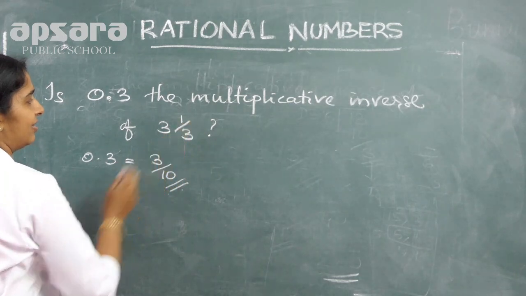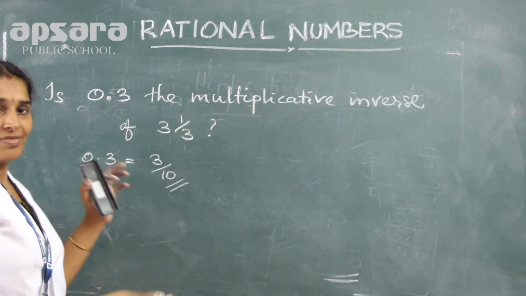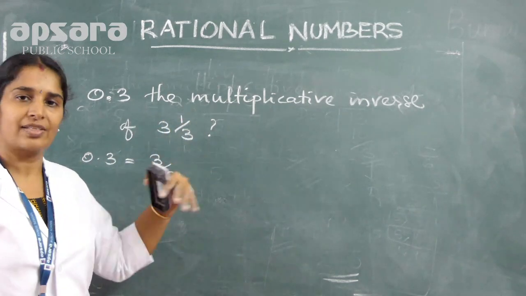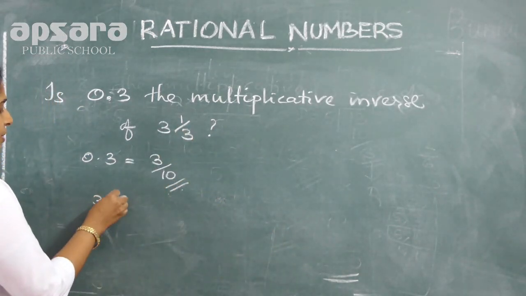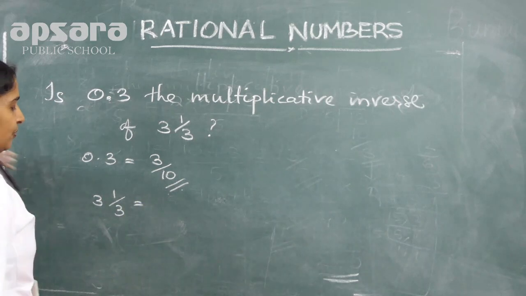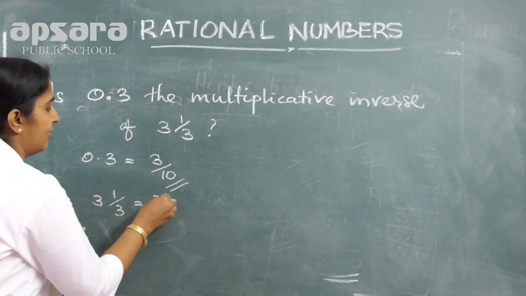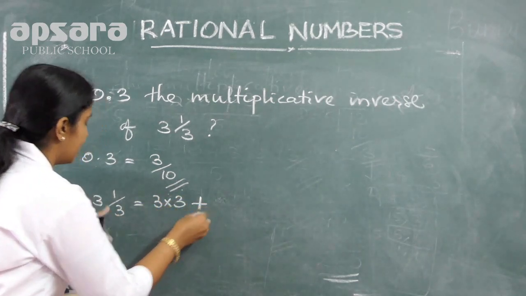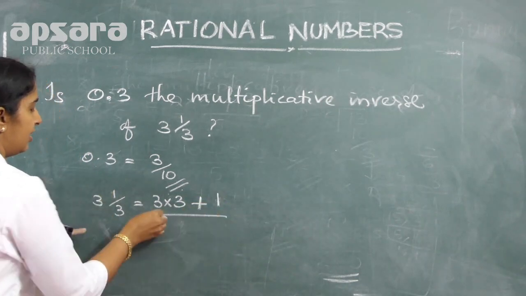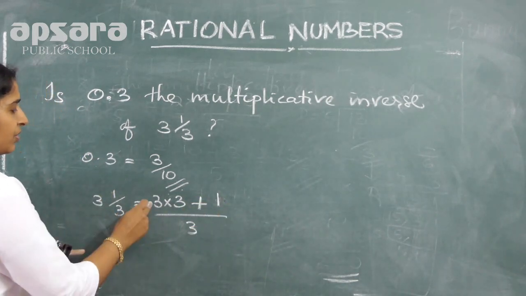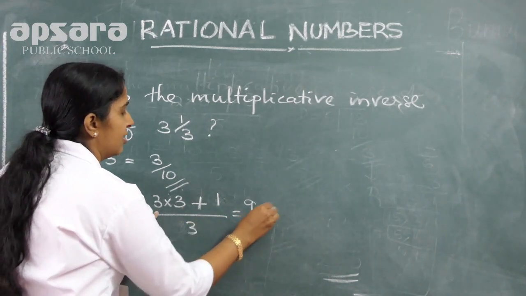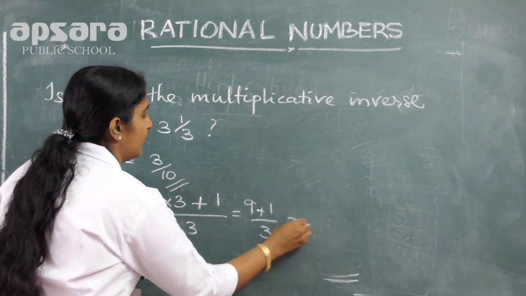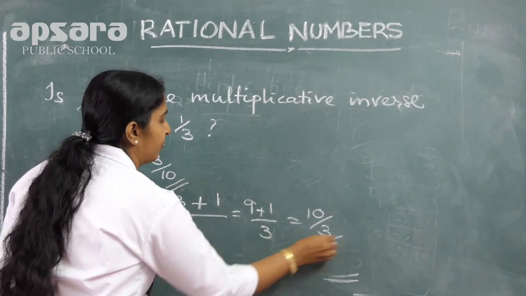Now let's take 3 1 by 3. Now already you have studied how to convert a mixed fraction to an improper fraction. So how will you convert? 3 1 by 3 is equal to, multiply 3 3s are 9 plus 1 divided by the same 3. 3 3s are 9. 9 plus 1 by 3, which is equal to 10 by 3.